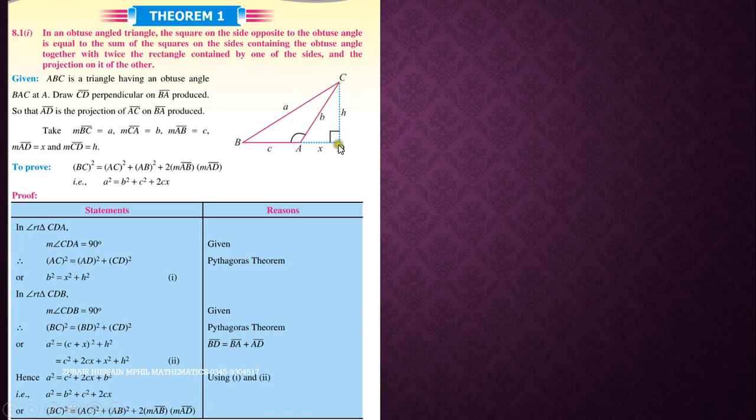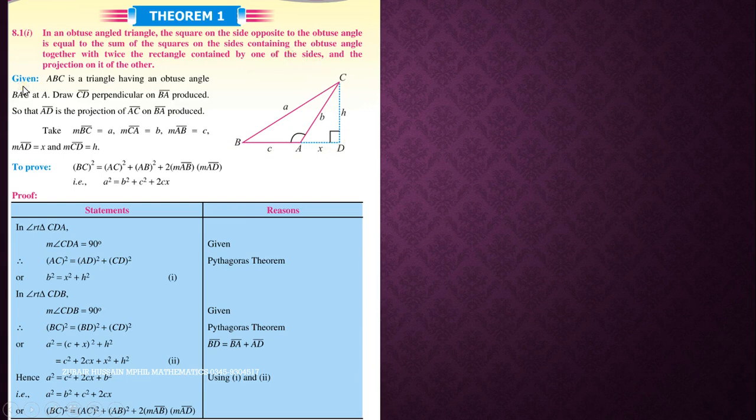If we complete this rectangle, this one is one of the sides, so it means 2 times BA and AD. So this is the statement of this theorem.